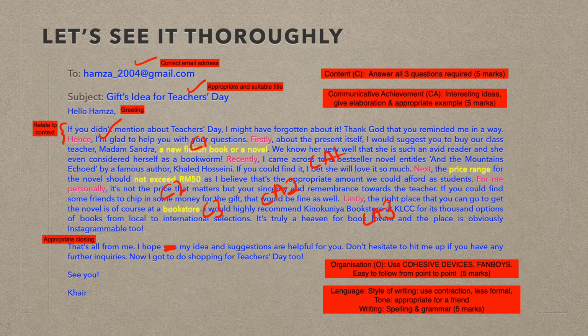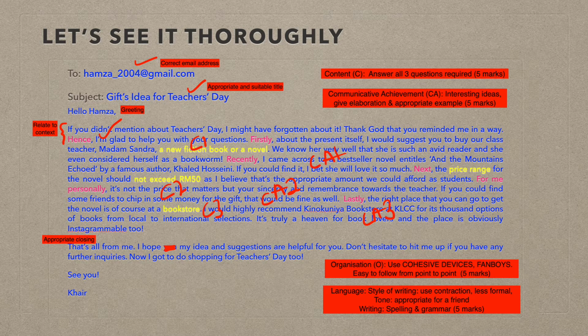Spelling and grammar errors here and there might affect your marks. That is basically what email is about. It's not that hard to actually score good marks or high marks or even full marks for email.